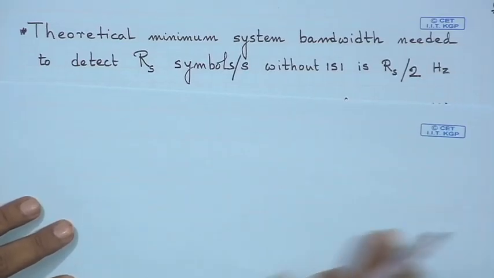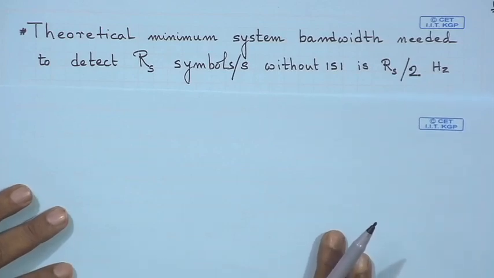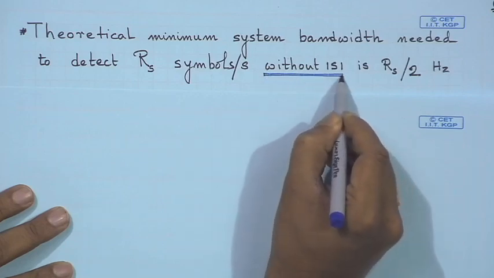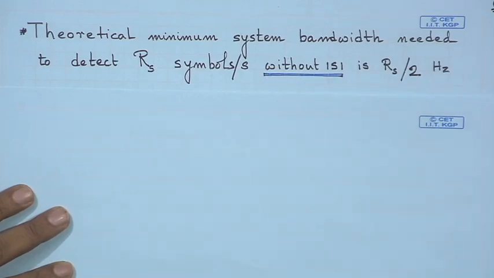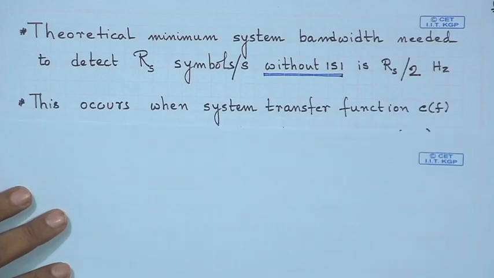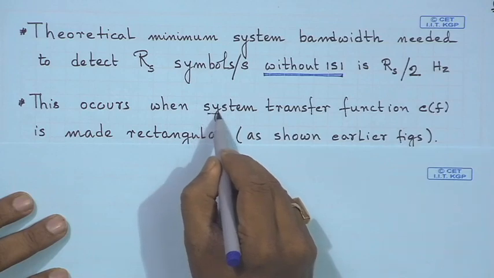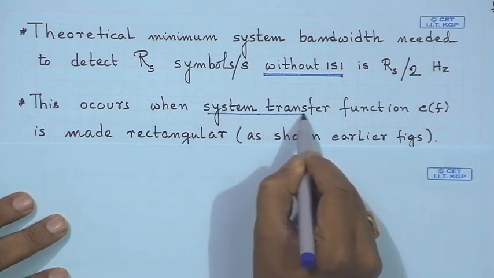So, we go ahead with the theoretical minimum system bandwidth needed to detect Rs symbols without intersymbol interference. This is critical: I am specifying without intersymbol interference, it is Rs by 2 hertz. Now, this occurs when the system transfer function, please note, we are talking about the system transfer function.